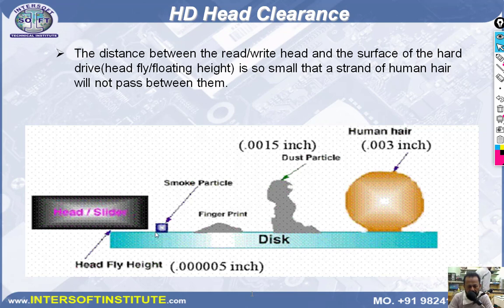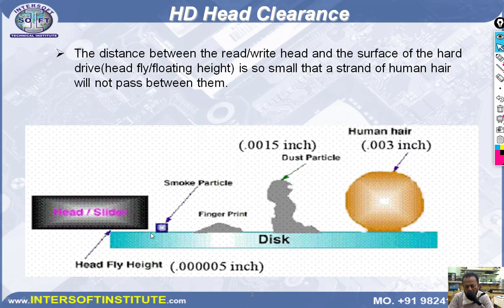Between these two, a smoke particle is this much, a fingerprint is this much, and a dust particle this much, and a human hair is 0.003 inch. The human hair, you can see the black hair, its size is like this. If you zoom in, dust particle will be like this, fingerprint like this, and smoke particle like this. So the distance is only this.